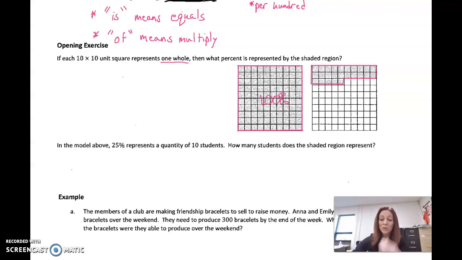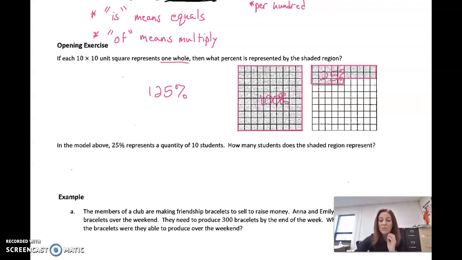So we have 100%, but we have some more. Again, this is out of 100, per 100, but how many of these do we have? If you were to count them, you would see that we have 25. So we have 25% of this square filled in and 100% of this one. If you put both these together, what percent is represented by the shaded area? It would be 125%.